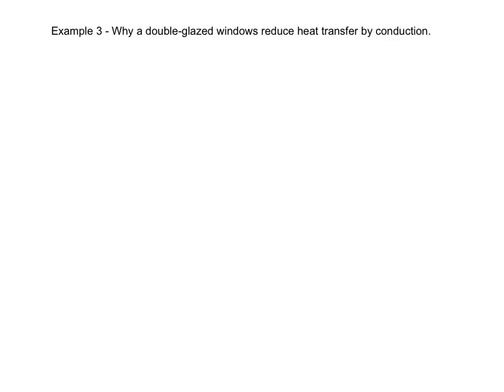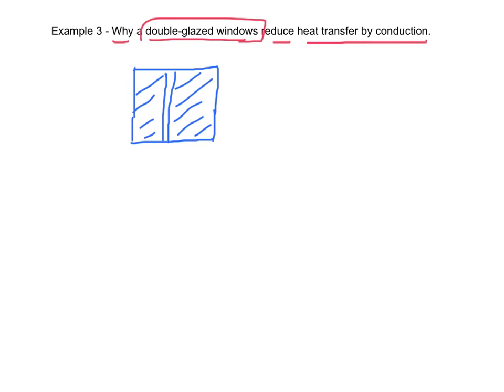Example 3. Why does a double glazed window help to reduce heat transfer by conduction? For a double glazed window, both sides are made of glass plates. There is a thin layer of air trapped inside the glass plates.